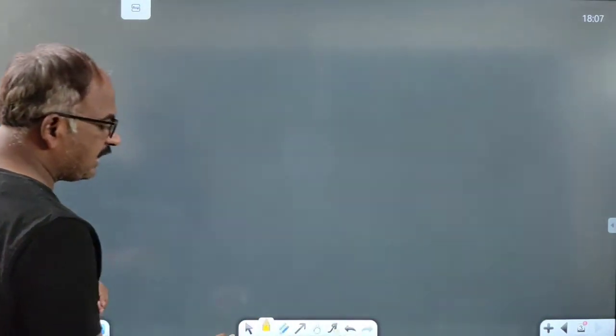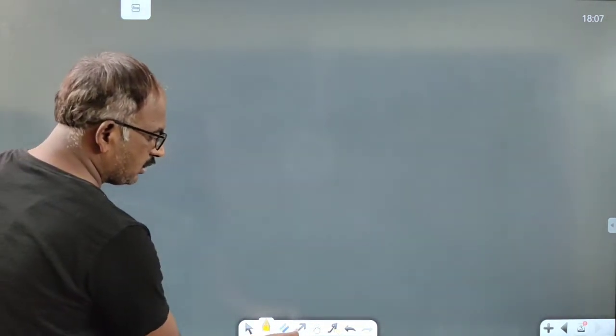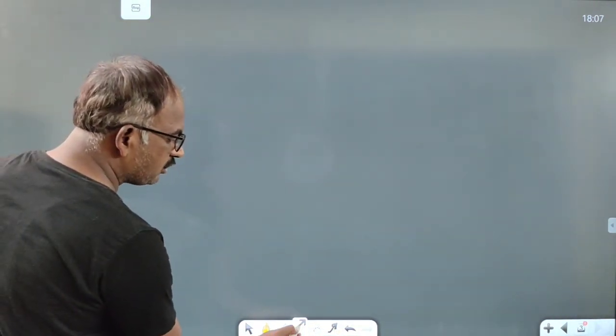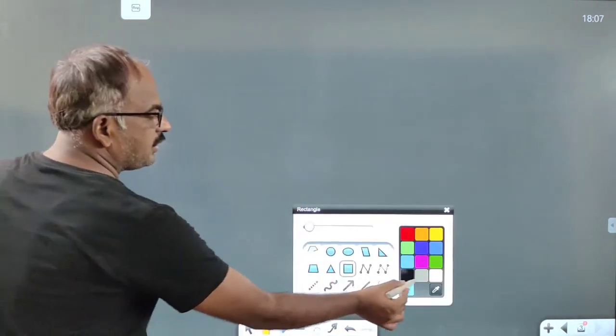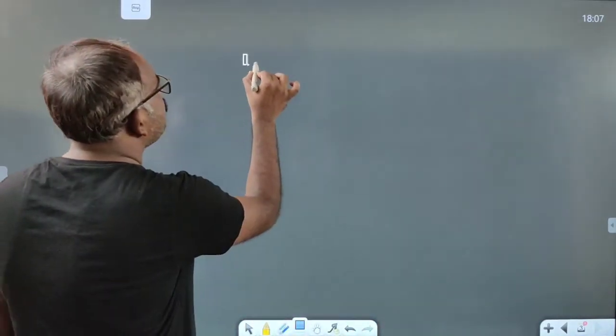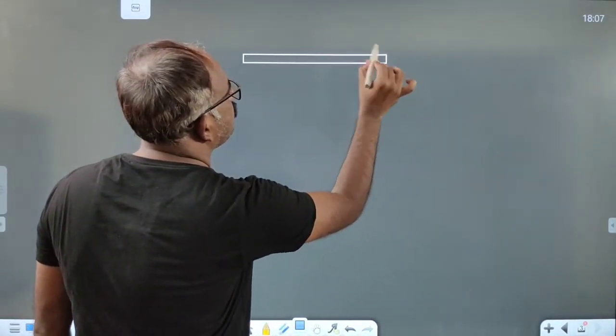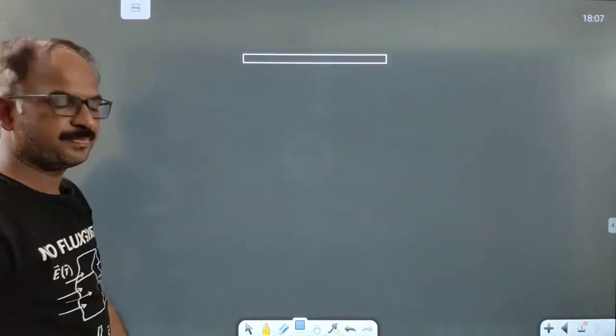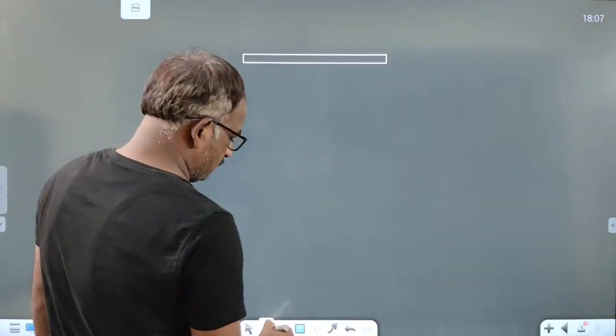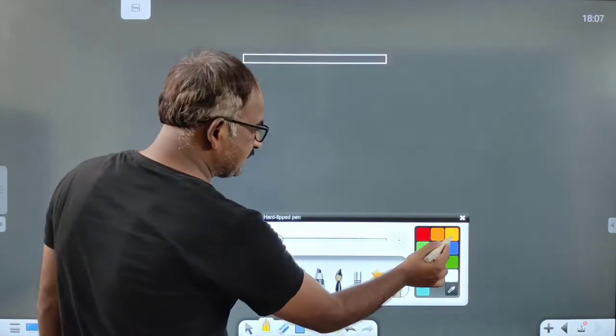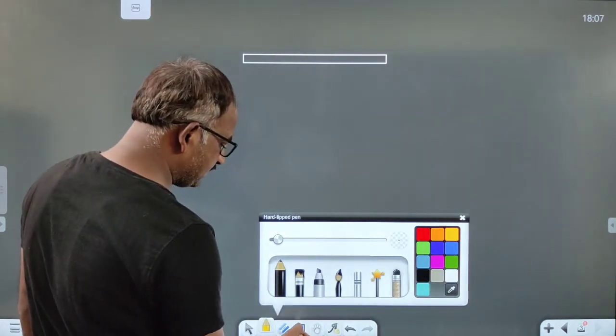We are considering another case. Again, this is for a thin uniform rod. Assume that this is a thin uniform rod. This is an axis.